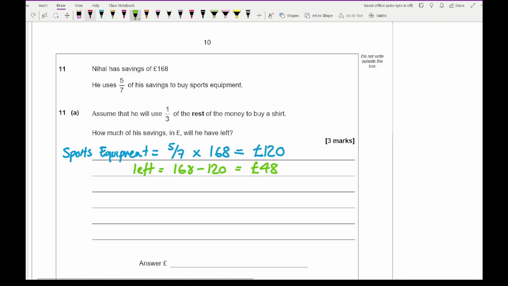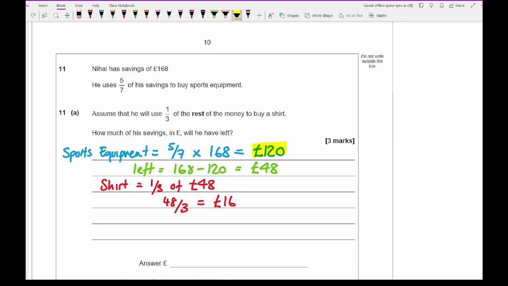Now, of that, the amount for the shirt is going to be a third of £48. And so that's going to be 48 divided by 3. And if I type that into my calculator, again, answer of 16. So then how much money does he have left?